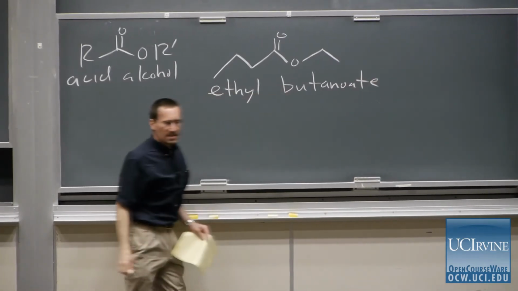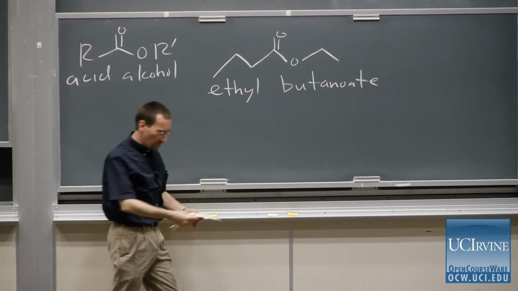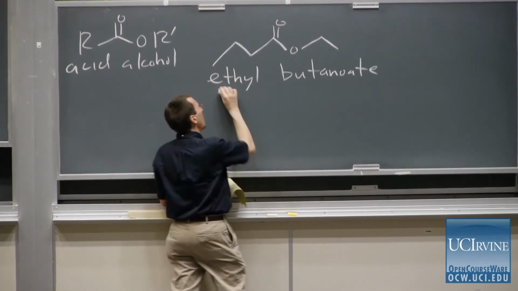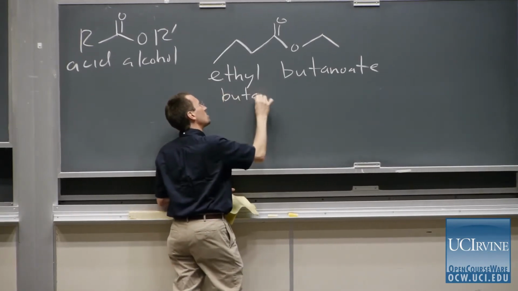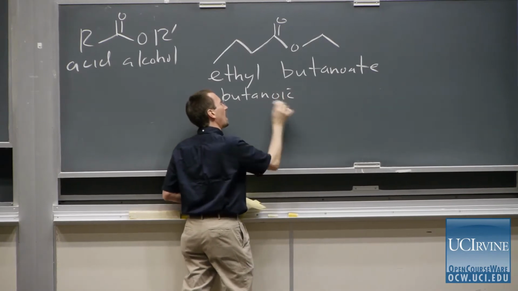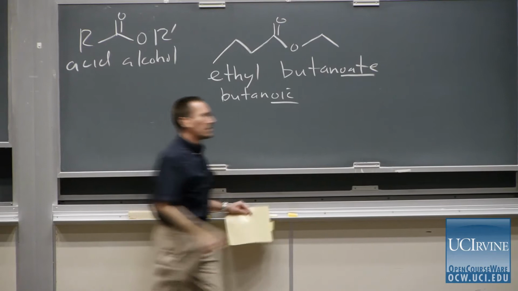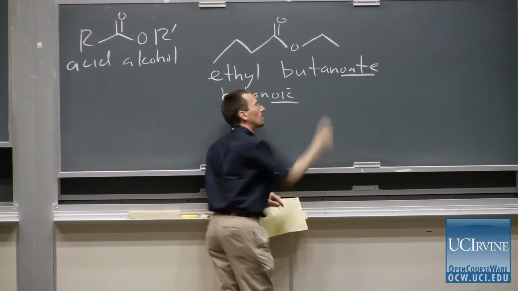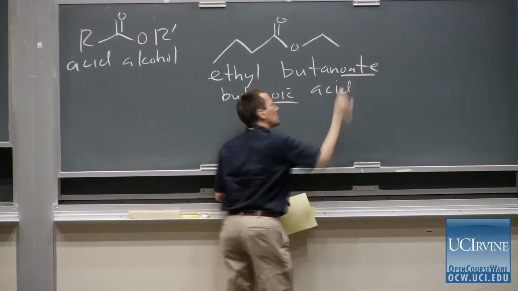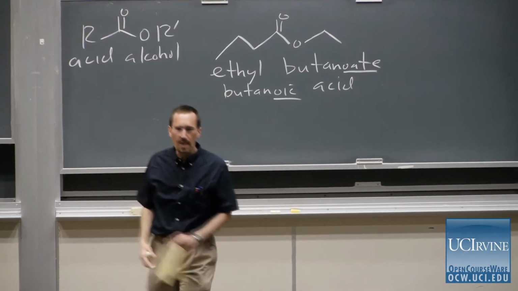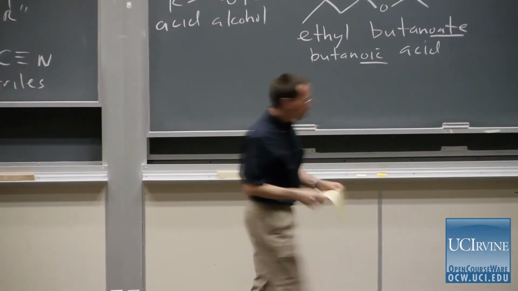And it kind of makes sense on the nomenclature intuitively if you recognize that what we've done is just take the butanoic acid and replace the OIC with OATE. And so there, being able to see the components is important.